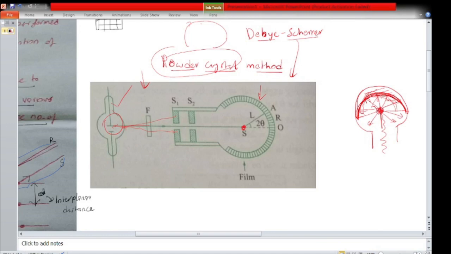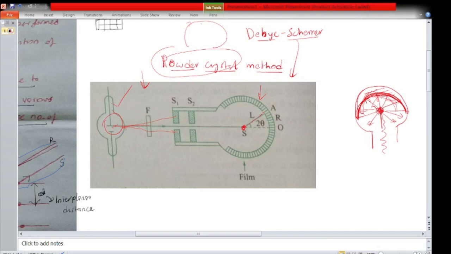For a given wavelength and a given value of d, there can be only one value of theta, one glancing angle, which satisfies the equation lambda equals 2d sine theta. Such reflected beams emerge from the specimen in all directions, inclined at an angle to the direction of the incident beam.